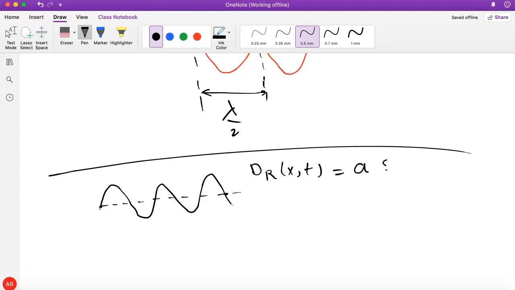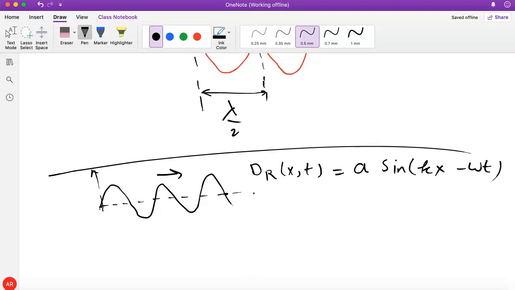Then we have sine kx minus omega t. So this is moving this way. If that's the snapshot at t equals 0, phi naught can be 0. We can pick the origin in a place such that phi naught is 0. The phase constant is 0.